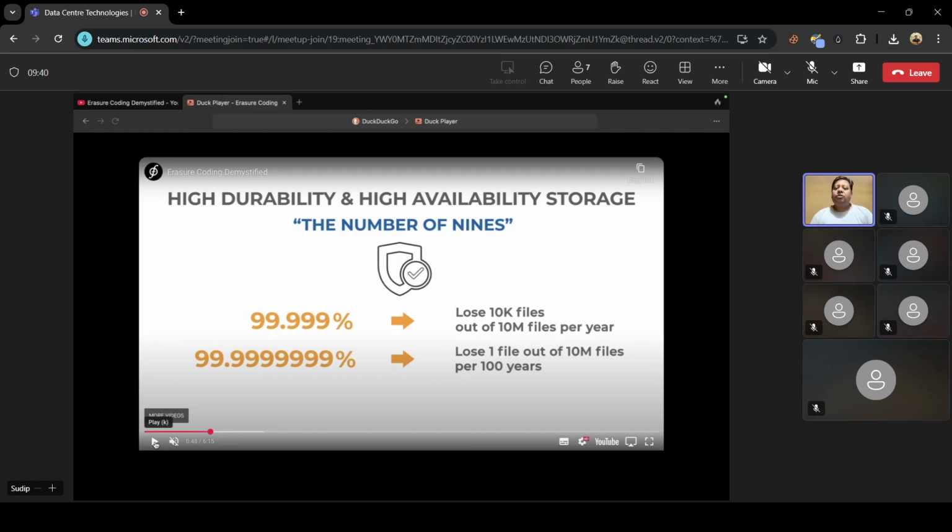So out of 10 million files per 100 years, you are allowed to lose one file only. That is the amount of resiliency that the customers are expecting. It is near zero. Whatever they write to the storage system should always be available, with no data loss, no data corruption, nothing at all. That's the expectation.